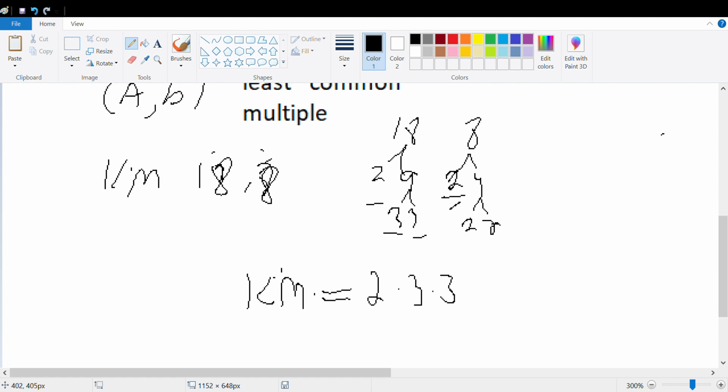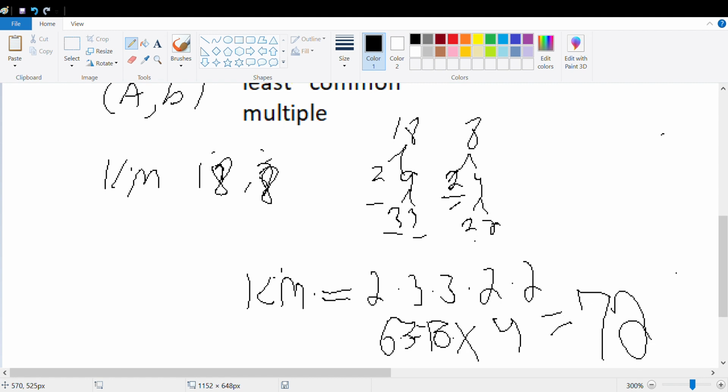There are 2 more 2's though, so we'll add those, 2 and 2, and now we'll multiply them and find the LCM. So this is 4, this is 6, 6 times 3 is 18, 18 times 4 equals 72, and that's the LCM.